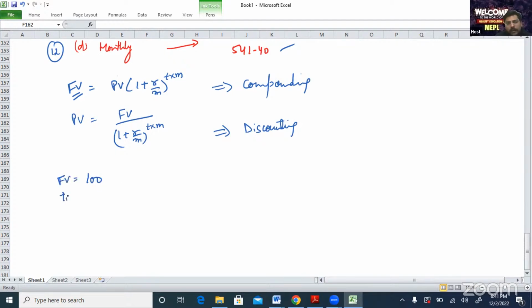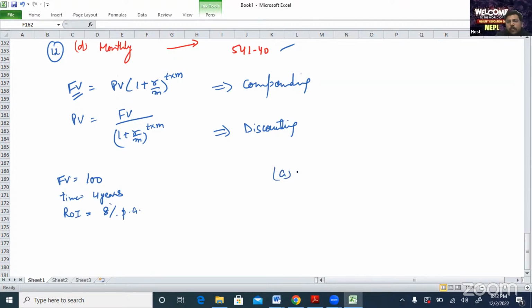My time is 4 years, and let me say that my ROI is 8% per annum, but there are different options.